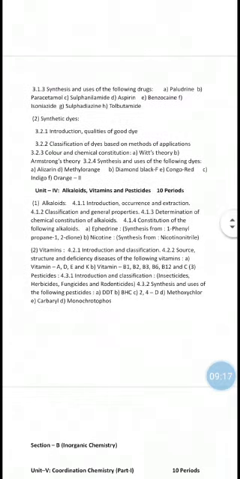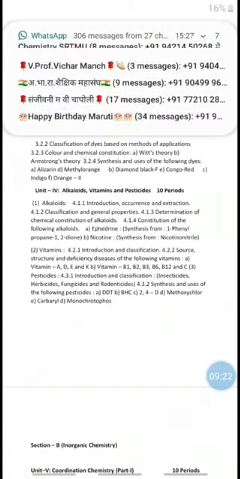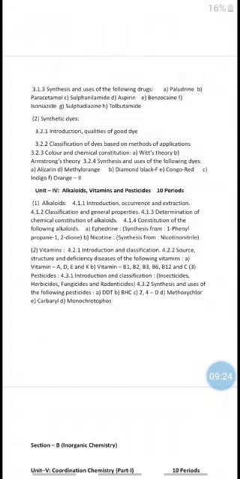The next topic is the fourth unit, and that is alkaloids, vitamins and pesticides. Now the alkaloids. The word alkaloid is derived from alkaline.